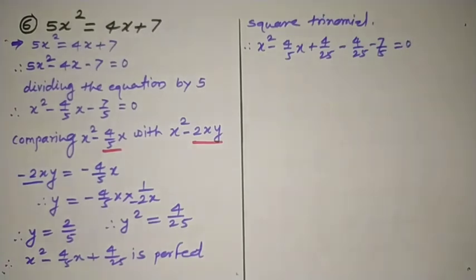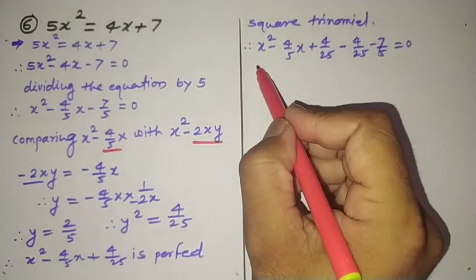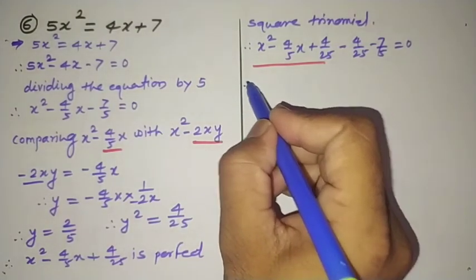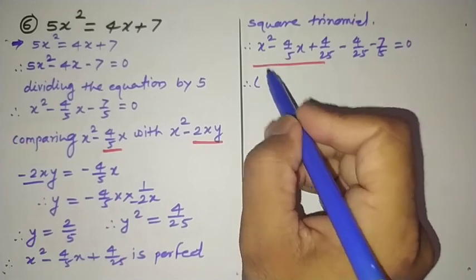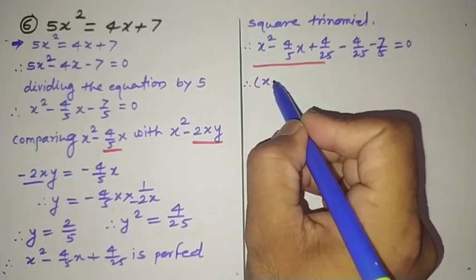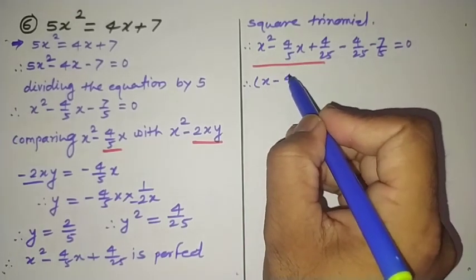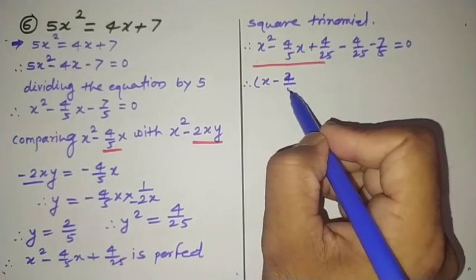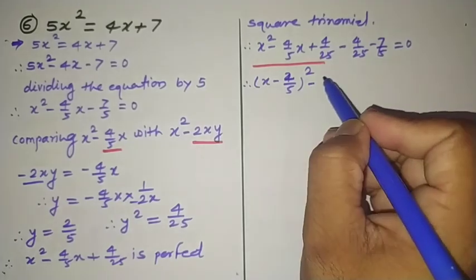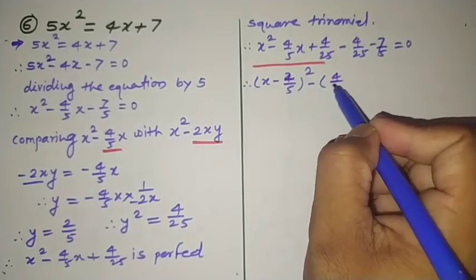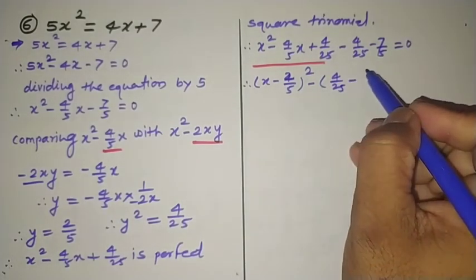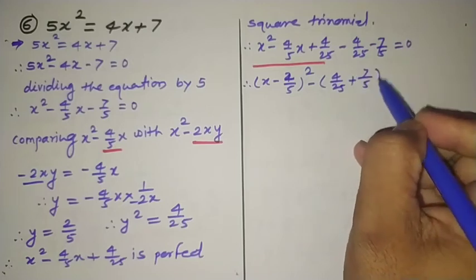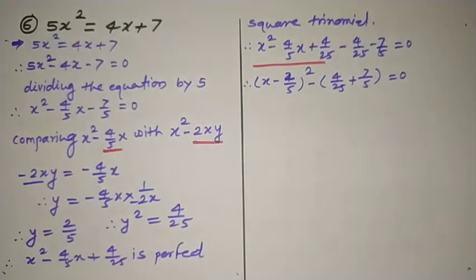First three terms write down in the square form. Therefore, write down the square root of the first term, sign of the middle term, and the square root of the third term: x minus 2 upon 5 bracket square minus 4 upon 25 minus 7 upon 5 is equal to 0.